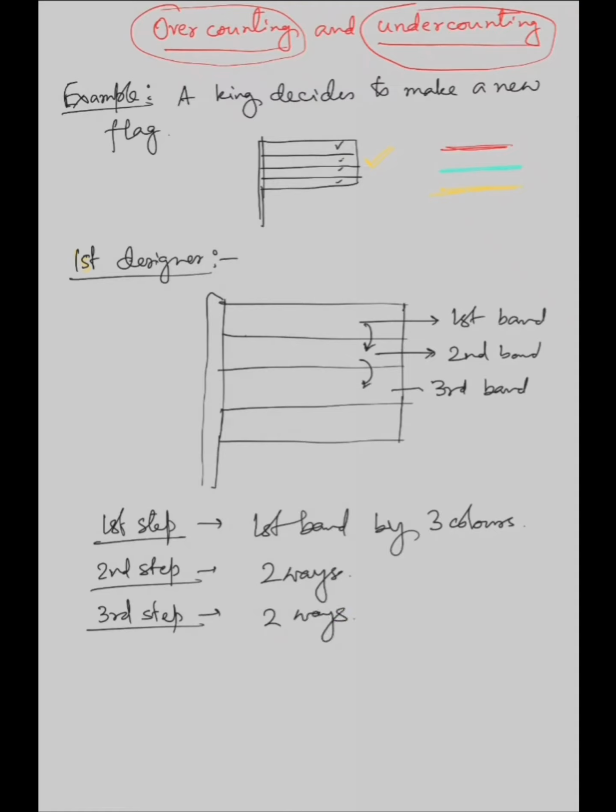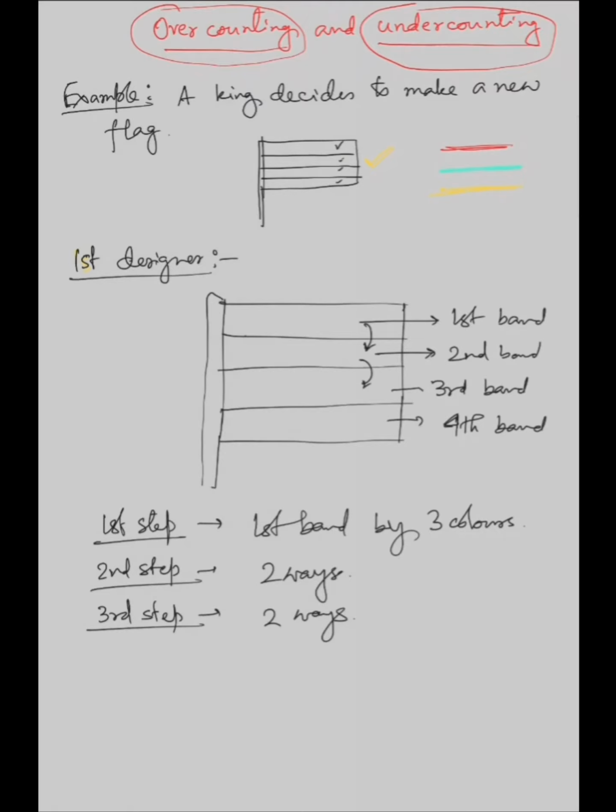Now he comes to the fourth band. In how many ways can he color the fourth band?